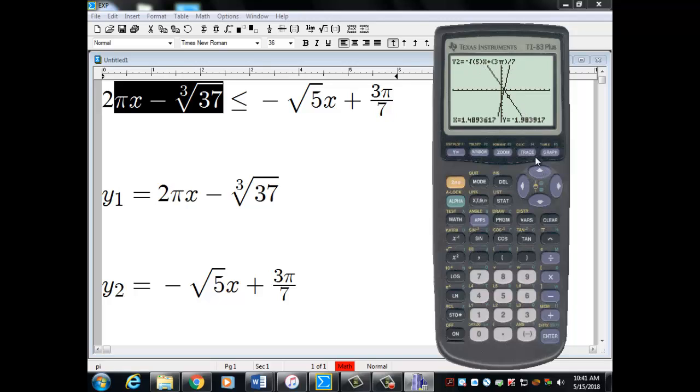Up, Y2. When is Y1 below Y2? And again, I'm being dead serious. This is hard. Like for me, it's pretty easy. I've been doing it for 30 years. But for students, this is really hard. When is Y1 less than Y2? When is Y1 beneath Y2? Which side?